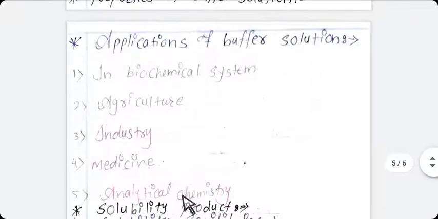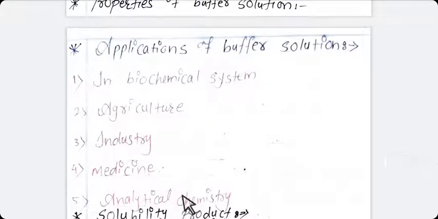The next is analytical chemistry. In analytical chemistry, in qualitative analysis, a pH of 8 to 10 is required for precipitation of cations of third A group. You know, you have already done group detection in your practical.